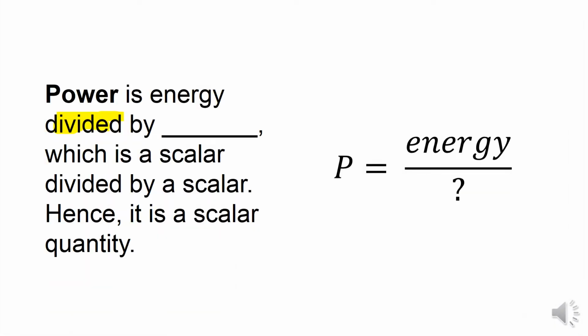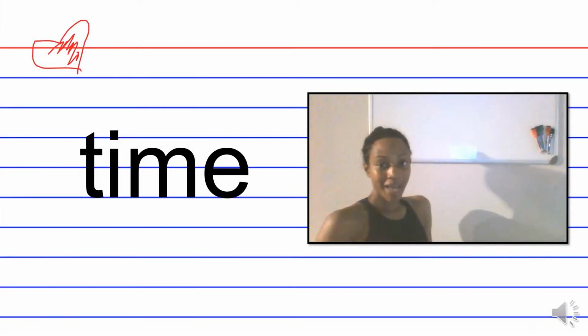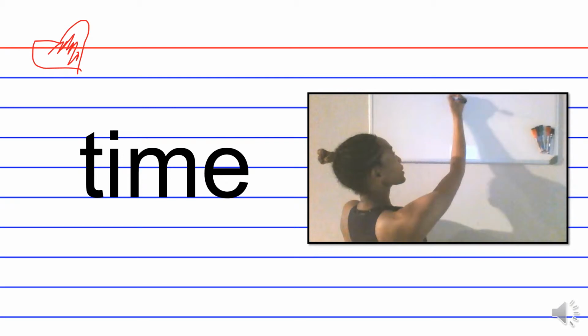Power is energy divided by blank, which is a scalar divided by a scalar. Hence, it is a scalar quantity. So power is energy divided by what? Power is energy divided by time.